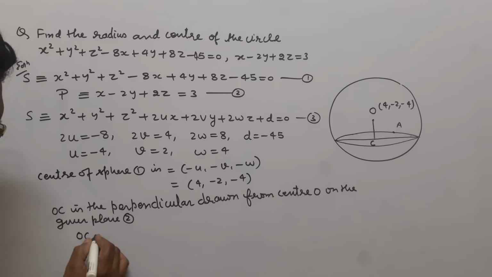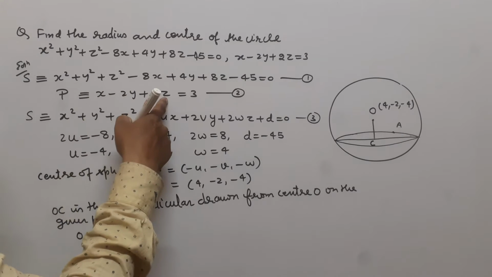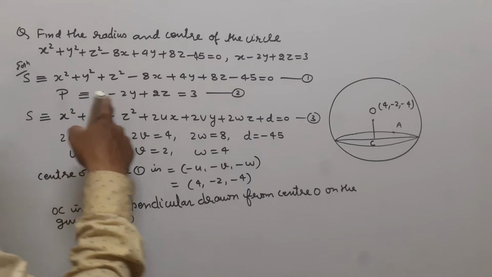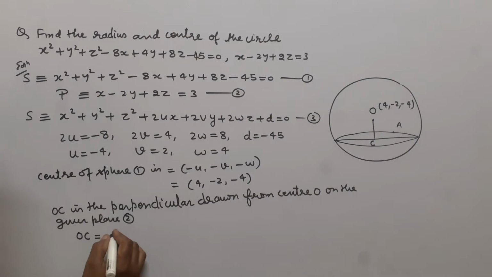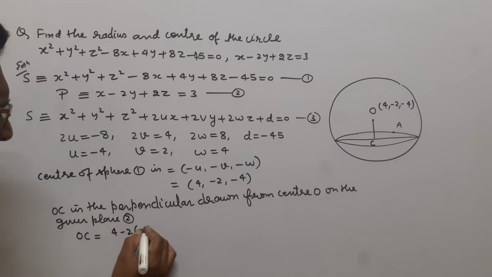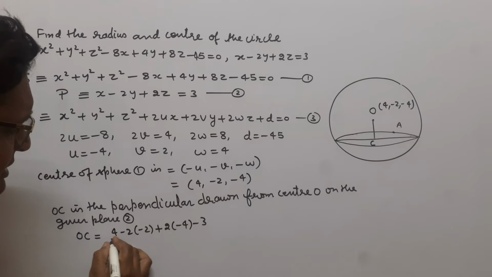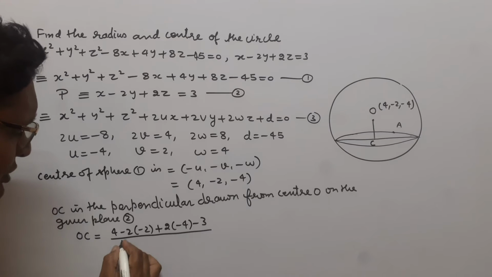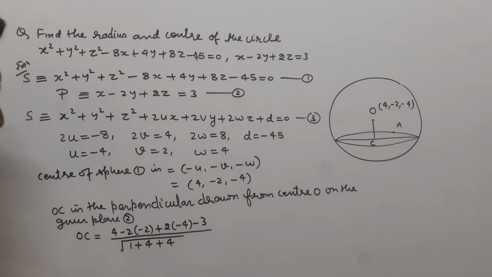So OC is equal to, here replace x, y, z in equation of plane by the center 4, minus 2, minus 4. So this can be written as 4 minus 2 multiplied by minus 2 plus 2 multiplied by minus 4 minus 3 divided by under root 1 square plus 4 plus 4.